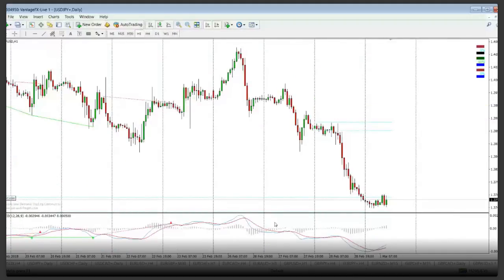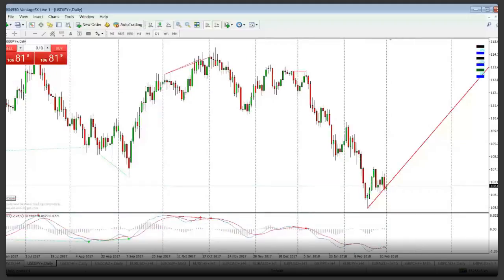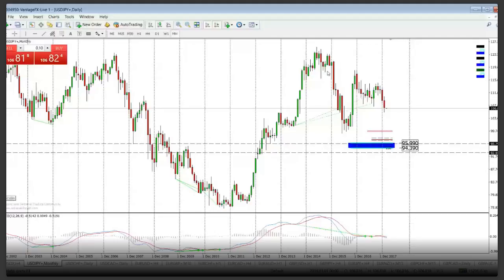And what other ones could we look at? USD JPY. USD JPY finally broke out of that area last year.